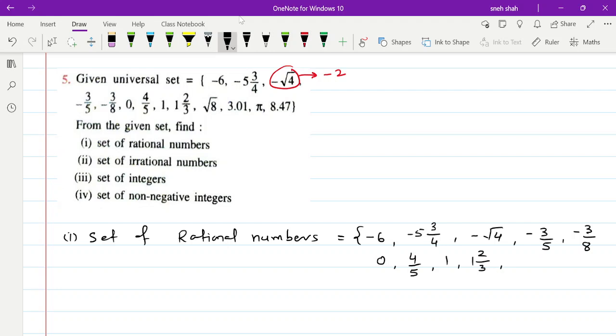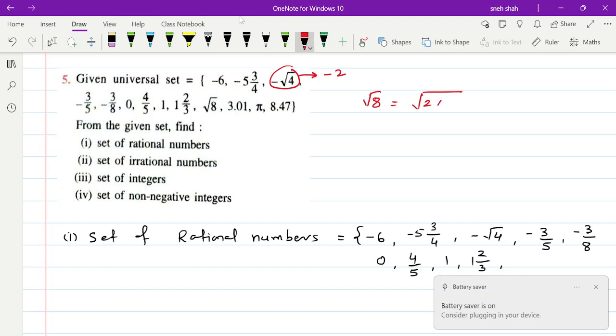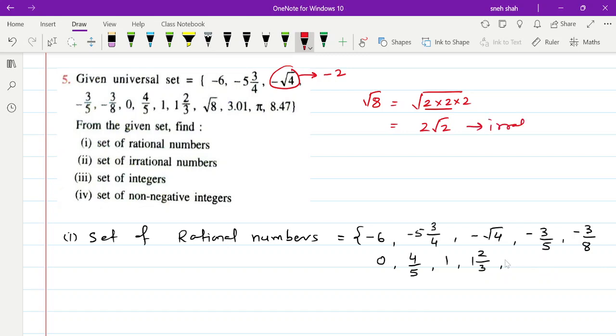Root 8. Upon simplification, we get this as root of 2 into 2 into 2. Upon pairing, we get this as 2√2, which is an irrational number. So that will not be part of the set of rational numbers.